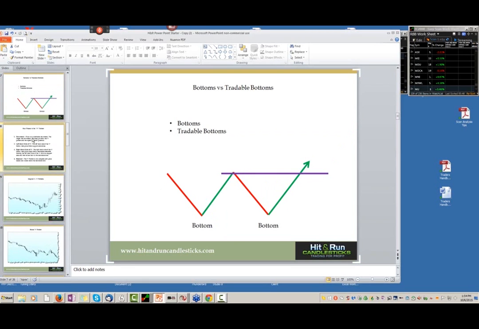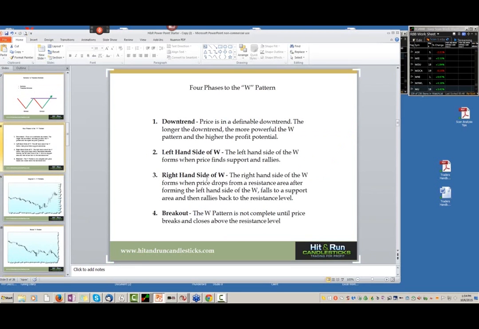There are 4 phases to the bullish W pattern, and the first one, price is in a definable downtrend. Again, I said when we started out that today this will be on charts, W bottoms, where price has in fact been in a longer downtrend, not just a little bit of a pullback and then a W pattern forms.